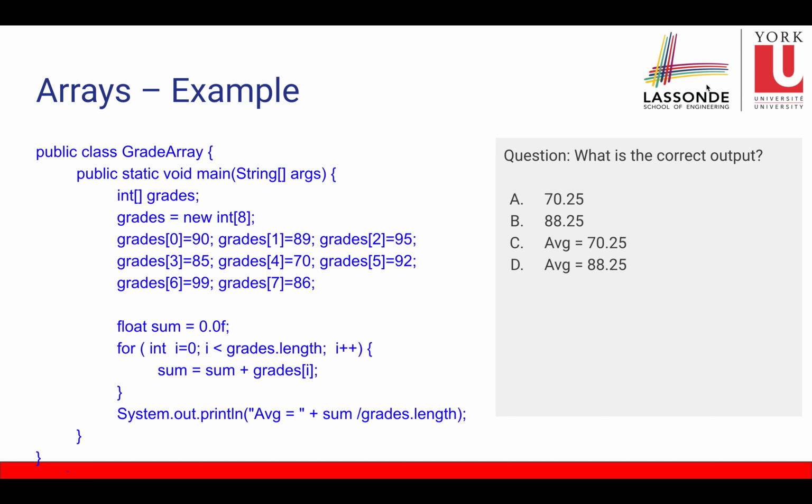The answer should be A, 70.25, B, 88.25, C, average equals 70.25, D, average equals 88.25. So which one is the correct answer? Please remember, you don't need to calculate it. You just look at the values which you assigned to the elements and guess one.